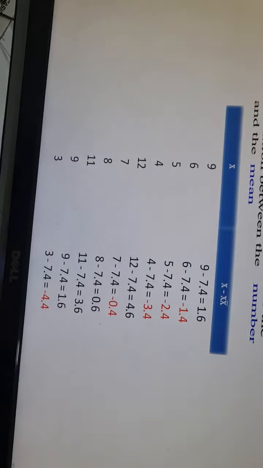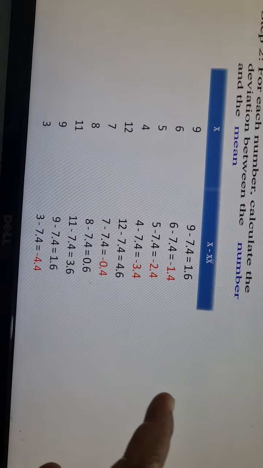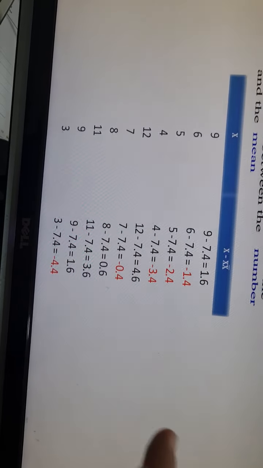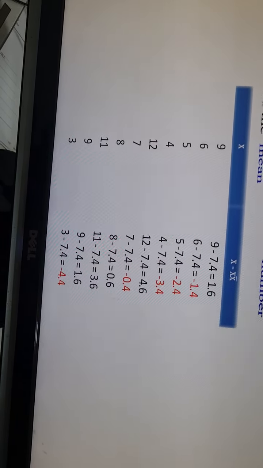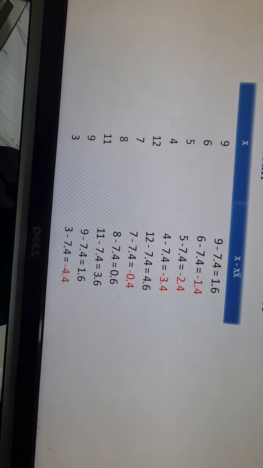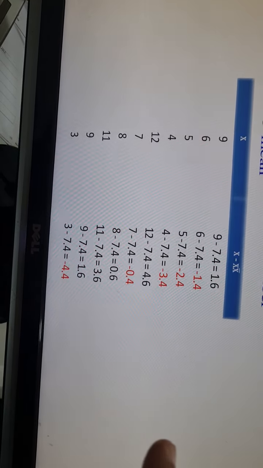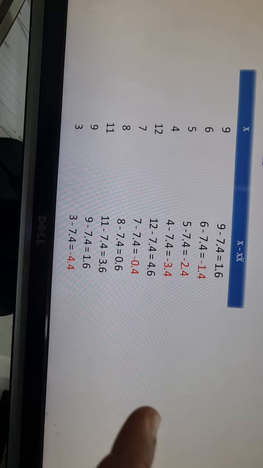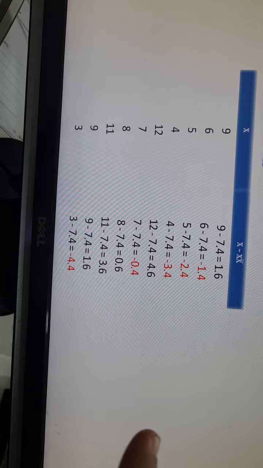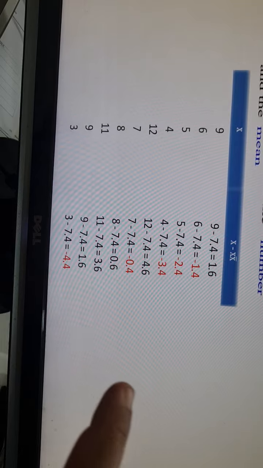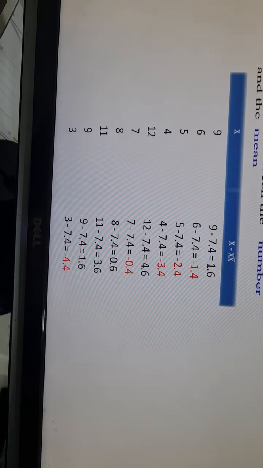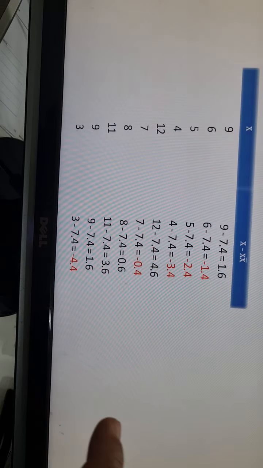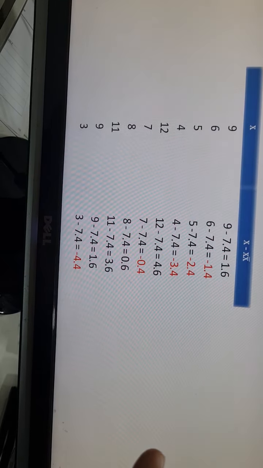So we have 9 minus 7.4 equals 1.6. 6 minus 7.4 equals negative 1.4. 5 minus 7.4 equals negative 2.4. 4 minus 7.4 equals negative 3.4. 12 minus 7.4 equals 4.6. 7 minus 7.4 equals negative 0.4. 8 minus 7.4 equals positive 0.6.